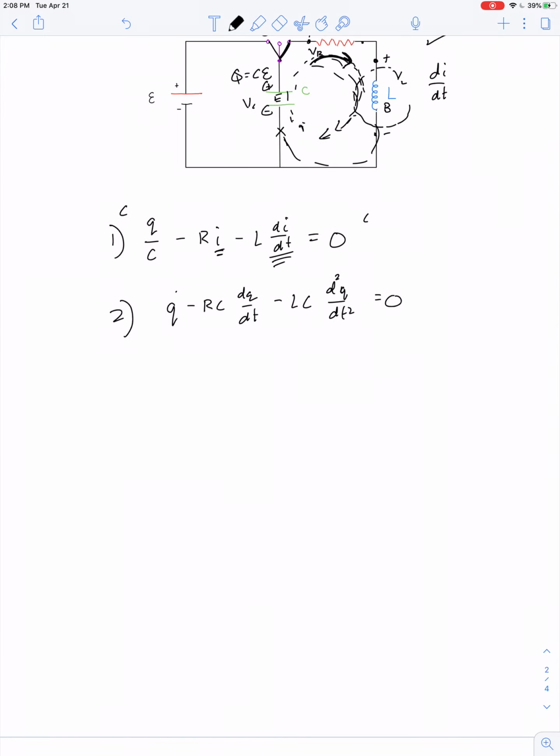Let's think about this. What we're saying is there's a function for charge. Charge is a function of time. It's going to vary, but whatever mathematical expression describes the way in which charge varies with time, there should be some direct relationship between that function and its first derivative, and there should also be some kind of direct relationship between that function and its second derivative.